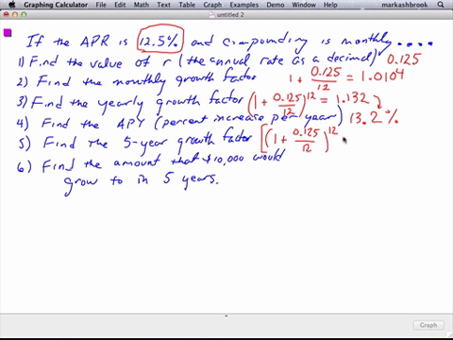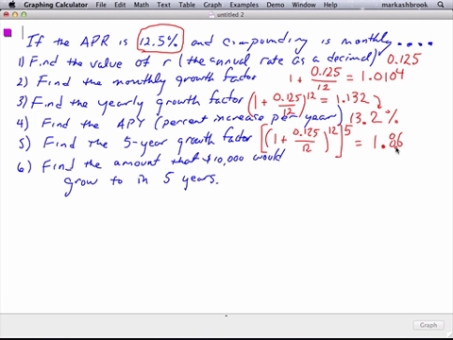That whole thing raised to the 5th. And what is that? 1.86. So what's the 5-year percent increase? In 5 years, we increase our money by 86%. Wow. That's good. Nice.